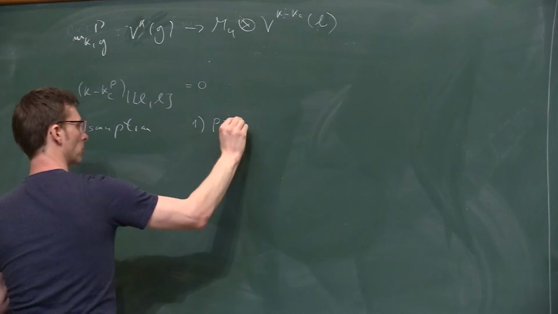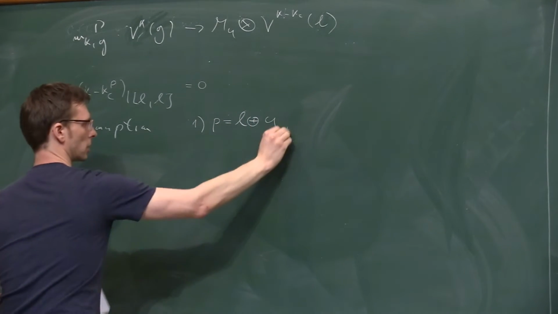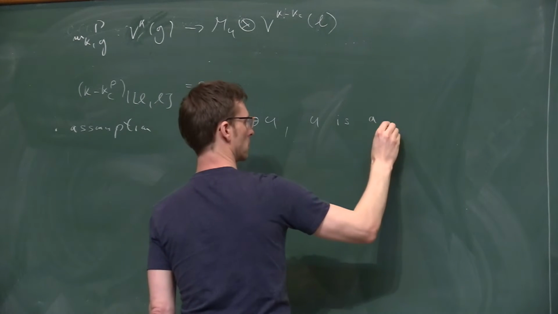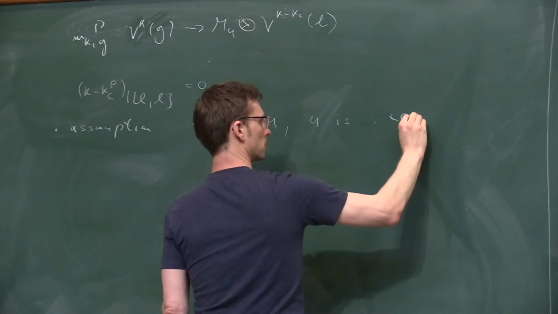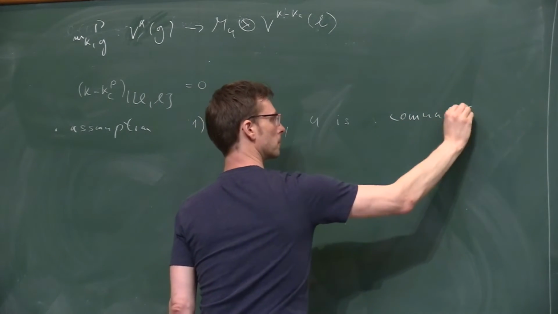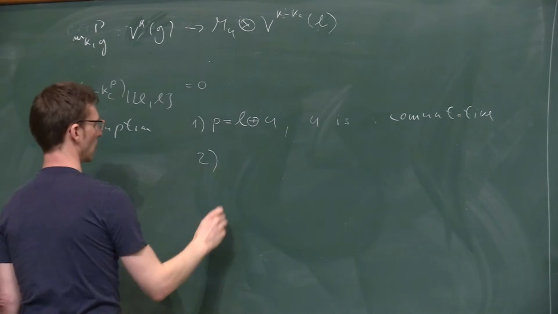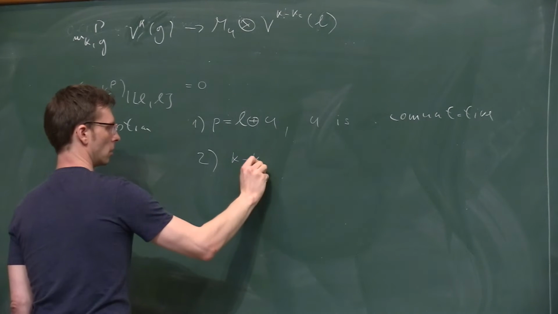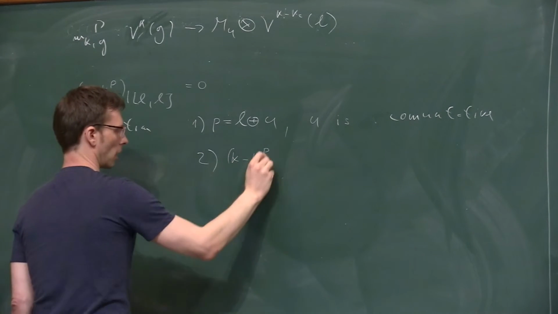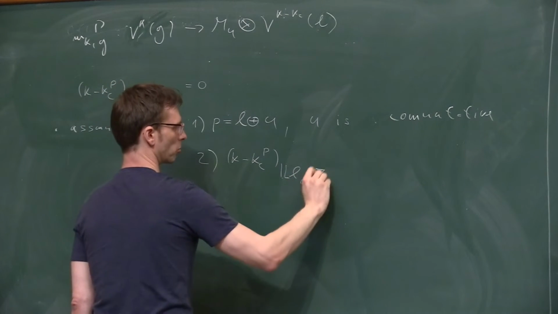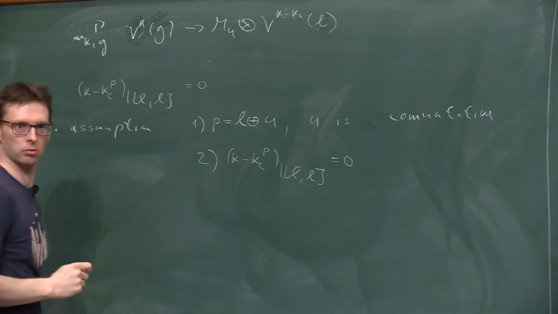P will be a parabolic subalgebra such that U is commutative. This is the first assumption. And second, the level will be such that k minus this critical level for the parabolic, if I restrict to the semi-simple part, is 0.